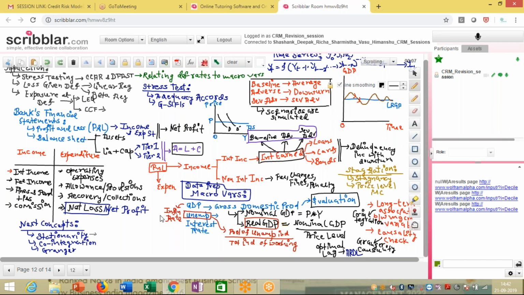These temporary fluctuations are something we do not really want in the macroeconomic variable. When you treat for these temporary trends, say cyclicality, temporary cyclicality, and so on, what we get is a stationary macroeconomic variable. So the first step is to ensure that the macro variable that we are using is stationary.